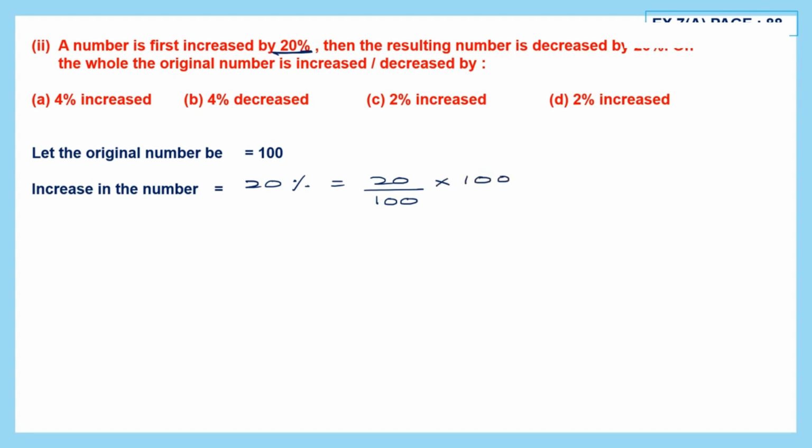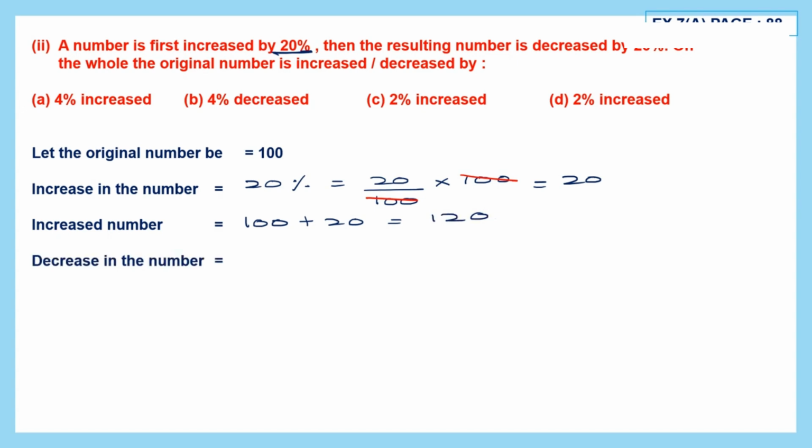Okay, so here we can cancel the 100 and 100. So the increase in number is 20. Now the increased number: original number plus this will give us the increased number, that is 100 plus 20 will give us the new number, that is 120.